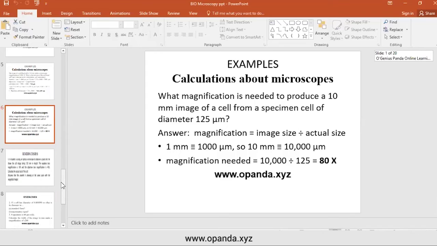You know that the definition says that magnification is equal to the image size over the actual size. Remember that 1 millimeter is equal to 1,000 micrometers. So convert 10 millimeters into micrometers by multiplying with 1,000 to get 10,000 micrometers. Look at the working also, and I want to know you understand it so that we continue.